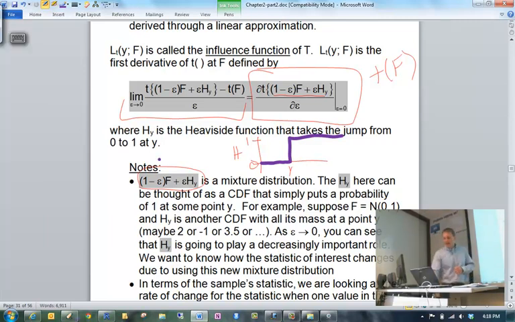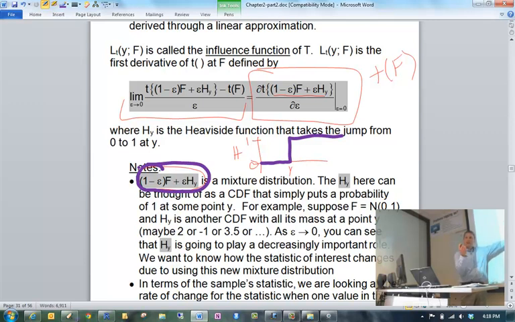So what we're doing then is taking this mixture of F with this thing H. And look, if epsilon was equal to 0, we get just F back. But normally you think of epsilon as some small number greater than 0. Well, think about what happens if I have a very, very small epsilon here.